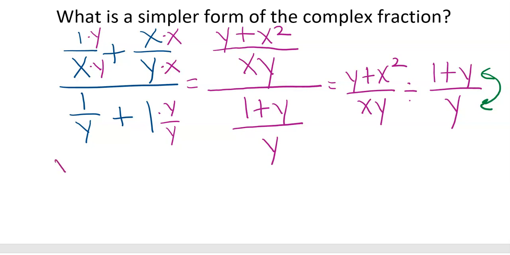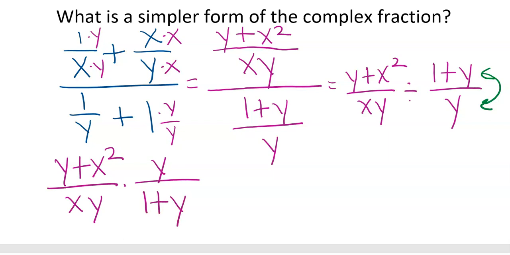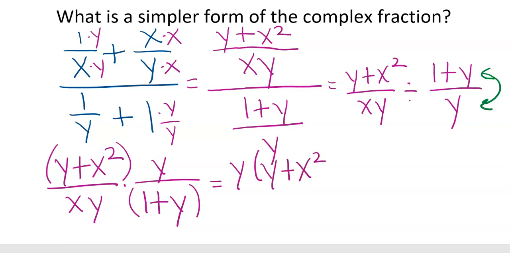So it looks like this: y plus x squared over xy times y over 1 plus y. Now remember that anything on the top that's a sum or difference cannot be reduced. If you put the letters that are alone in front, it kind of helps you to see sometimes if you can simplify more or not.